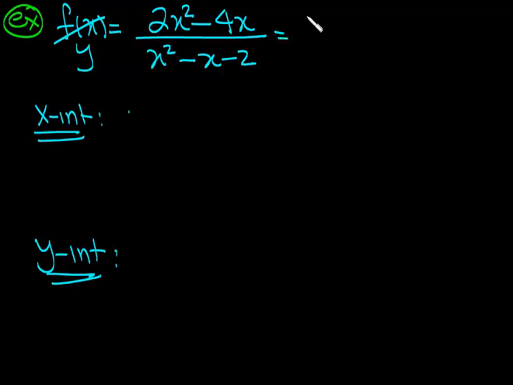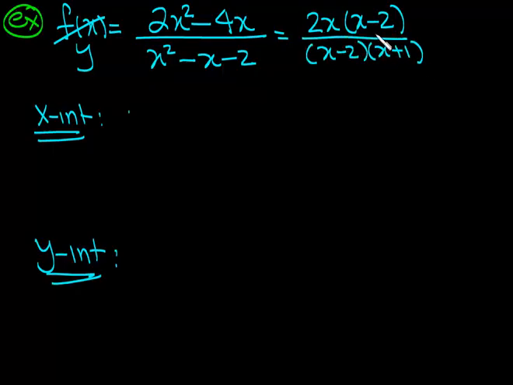So if I factor the top, I can take a 2x out, so I get x minus 2, and on the bottom I get x minus 2 and x plus 1. So this cancels, so I end up with 2x over x plus 1. So that's a more interesting problem.